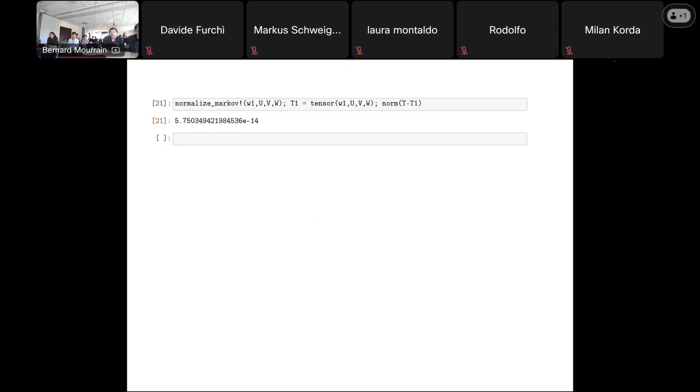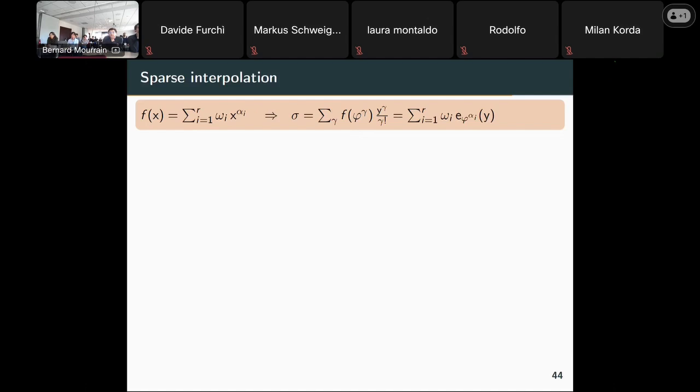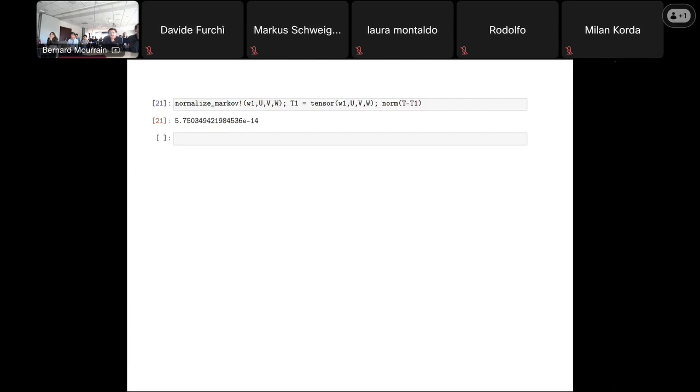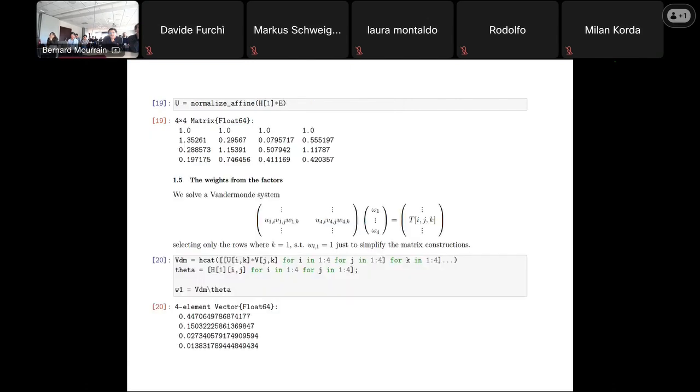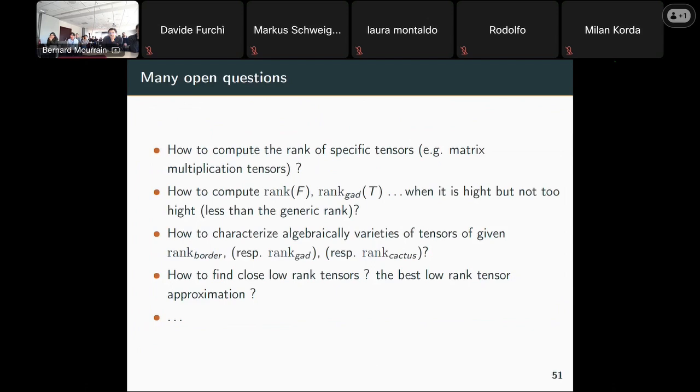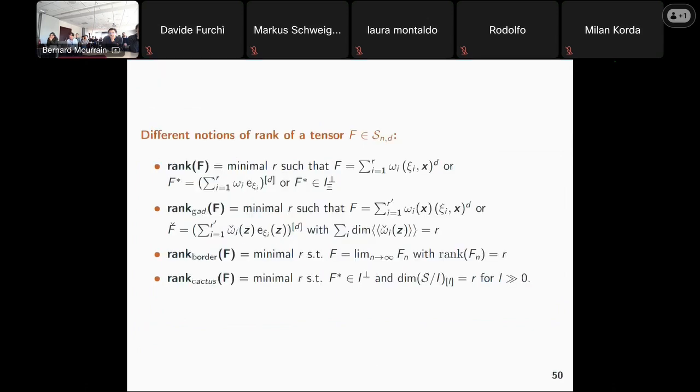Okay, so I think this shows you how these techniques of operators of multiplication and eigenvector computation give decompositions of tensors in cases where the rank is not too small.